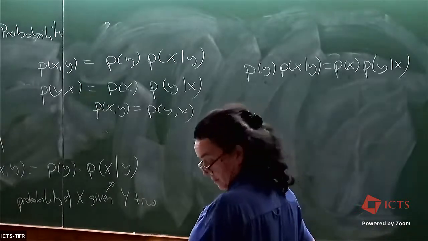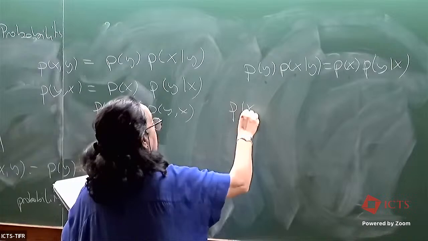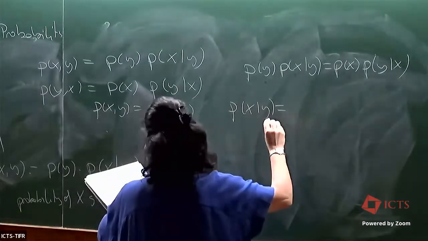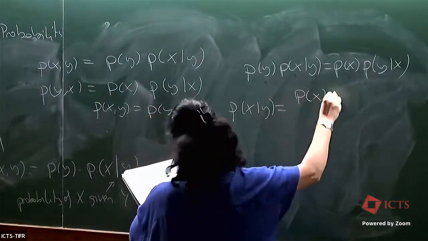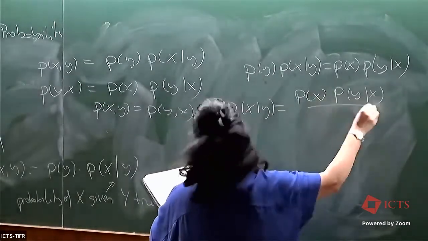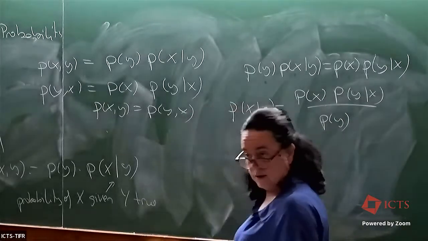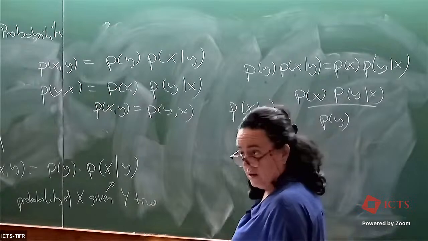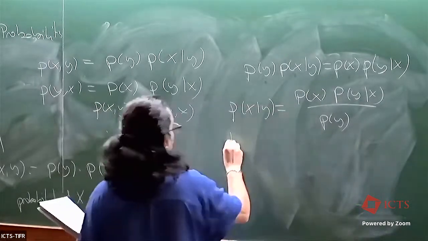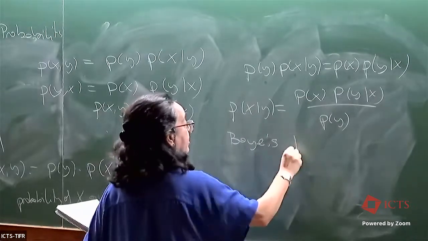And from here, I can just isolate one part and rewrite it like this. So basically, what I just wrote was the Bayes theorem.